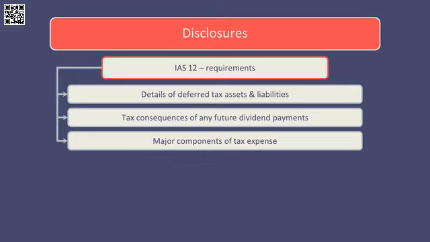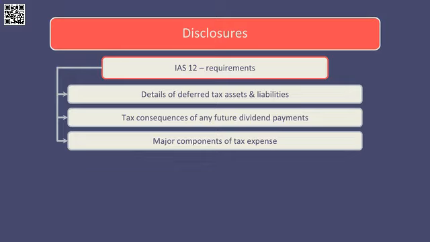The standard also requires an explanation of the relationship between the tax expense and the tax that would have been expected to be paid by applying the current tax rate to the accounting profit or loss. This can be shown as a reconciliation. Changes in tax rates need to be disclosed, along with the amounts and other details of deductible temporary differences, unused tax losses, and unused tax credits.